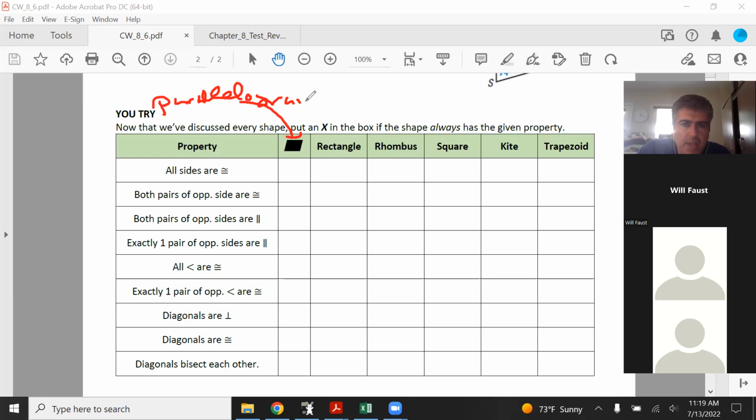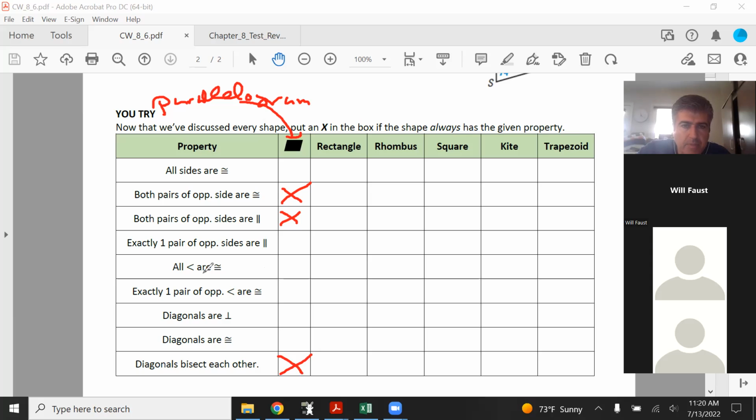So are all the sides congruent? No. Are both pairs of opposites congruent? Yes, I'll put an X. Are both pairs of opposites parallel? Yes, put an X. Exactly one pair? Nope. All angles congruent? Nope. Exactly one pair of opposite? Nope. Diagonals are perpendicular? Nope. Diagonals are congruent? Nope. Diagonals bisect each other?